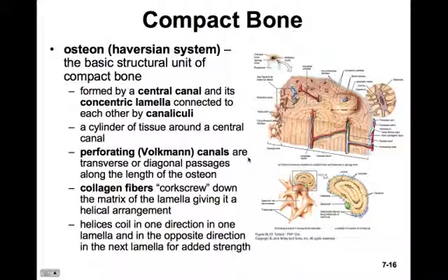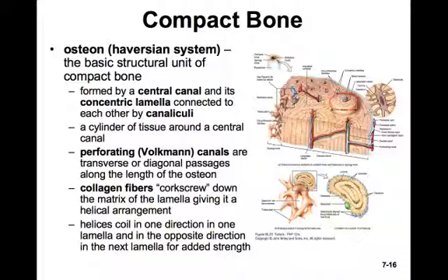As you learned in our section on tissues, the main unit of compact bone is the osteon or the Haversian system. So here you can see an osteon. The osteon is the basic structural unit of compact bone.